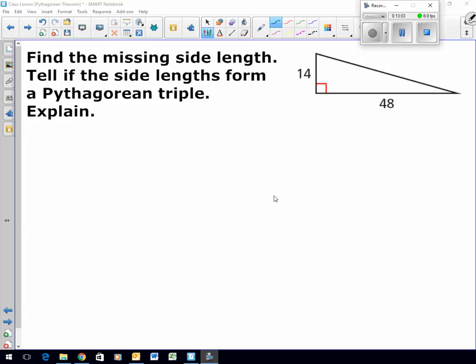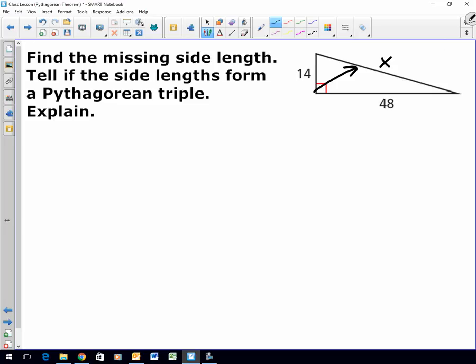The hypotenuse is opposite the right angle. We'll label it X. Now I can plug in my formula. Leg squared plus leg squared equals hypotenuse squared.